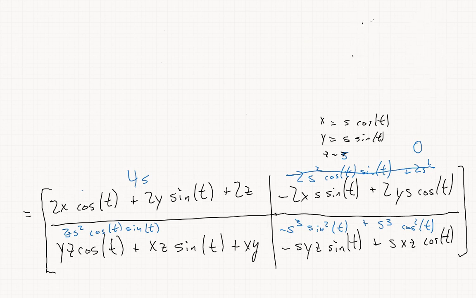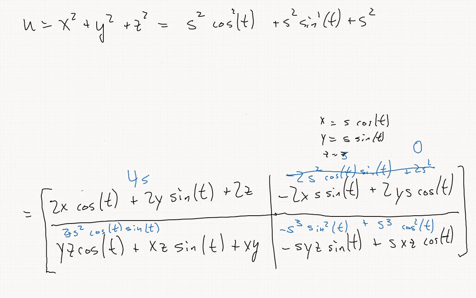Okay, so our formulas for u and v. If u is x squared plus y squared plus z squared, well, that is going to be s squared cos squared t plus s squared sine squared t plus s squared.